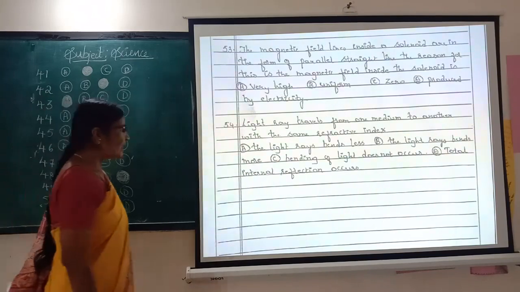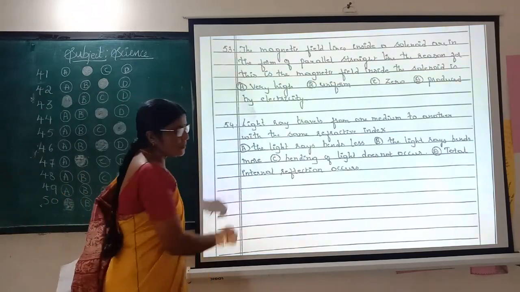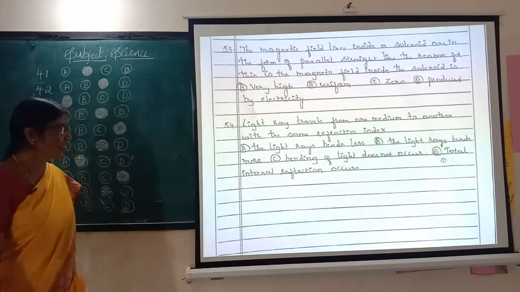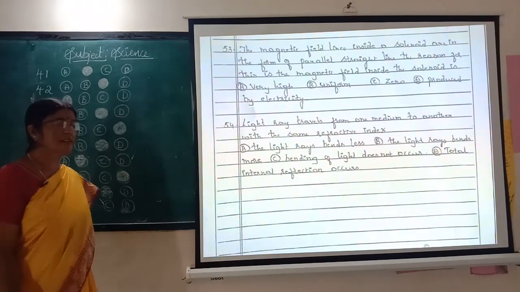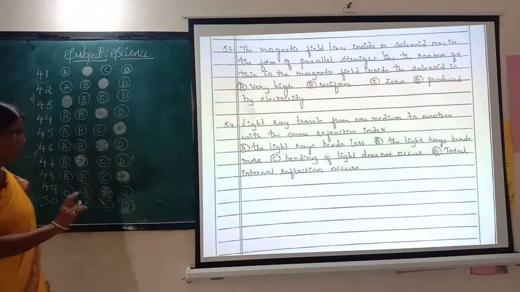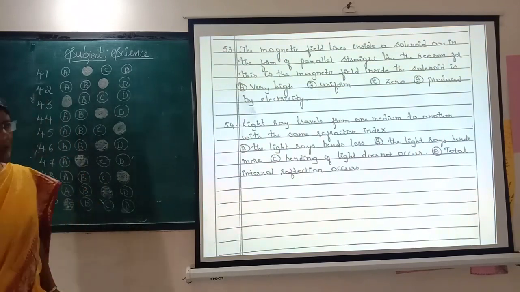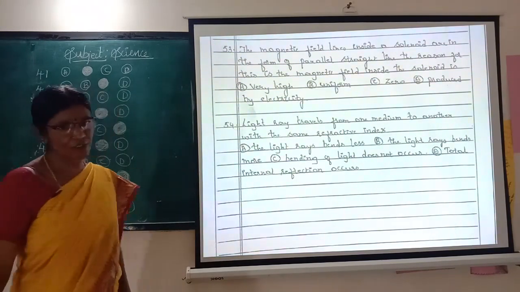Option D, total internal reflection occurs. I think option C is the right answer, that is bending of light does not occur. Then you should shade C option in the OMR sheet.